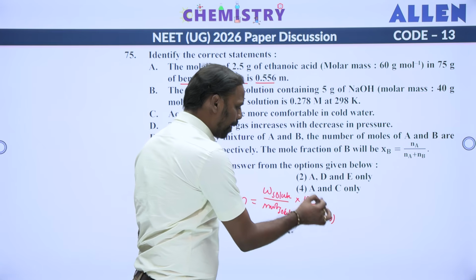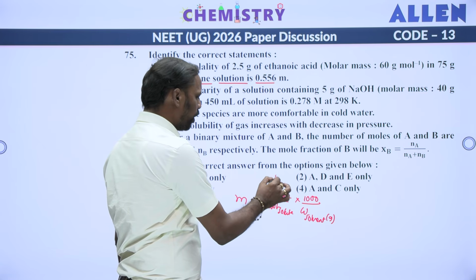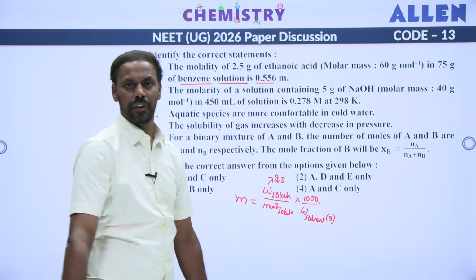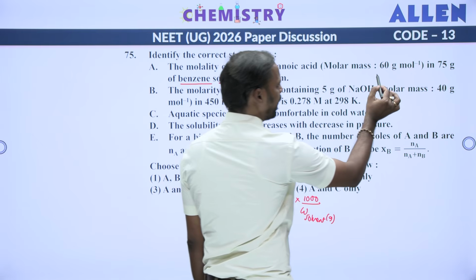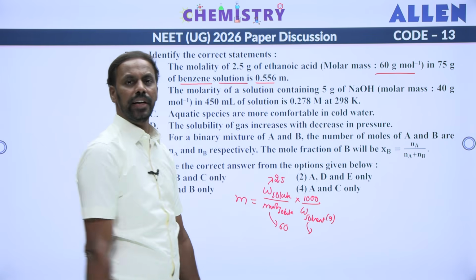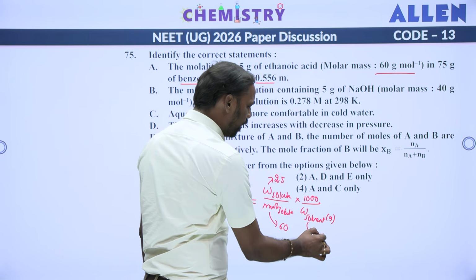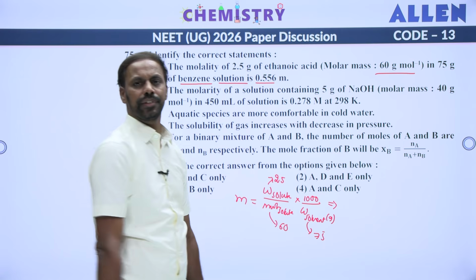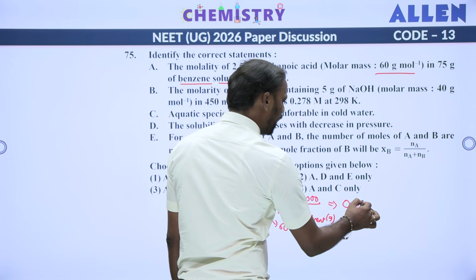If you are taking the weight of solvent in grams, then into 1000. What is the weight of solute given, student? This value, 2.25, is given. What is the molecular weight of solute? 60 gram. Is it clear? Next, what is the weight of solvent given? They have mentioned 75. So after solving this, we are going to get 0.2556.